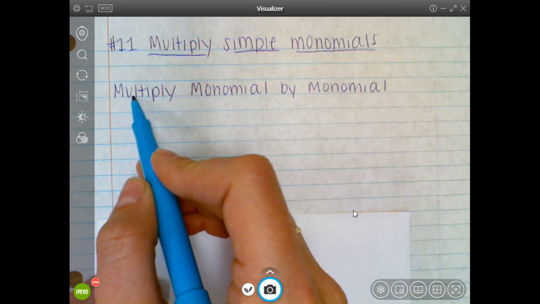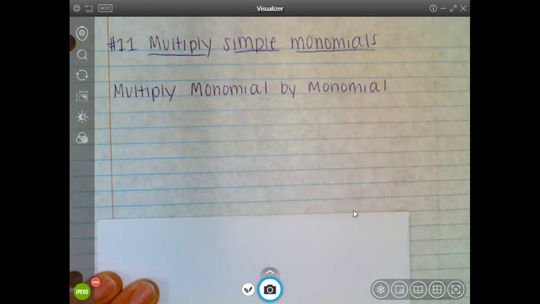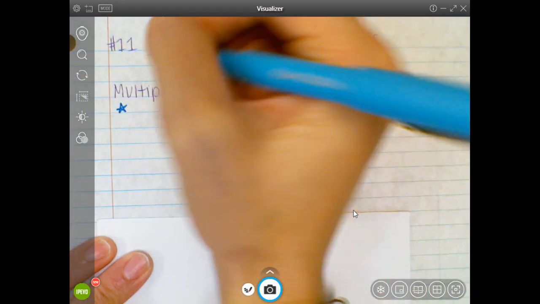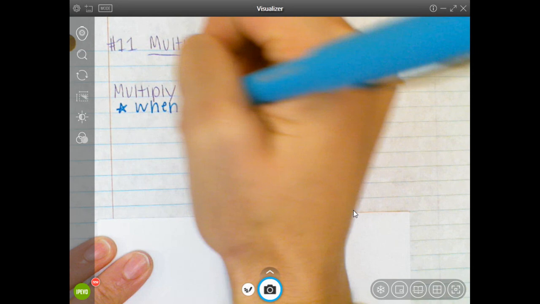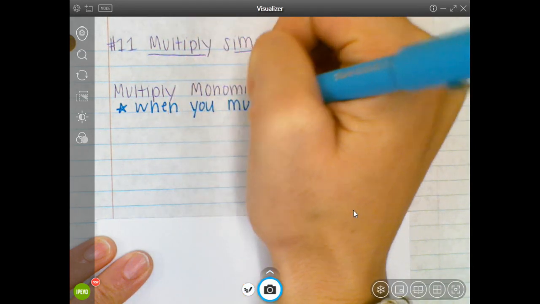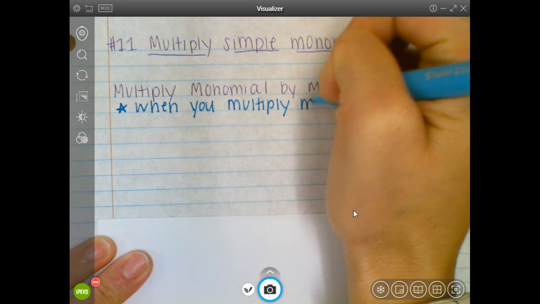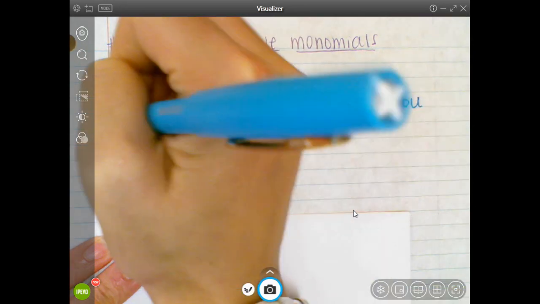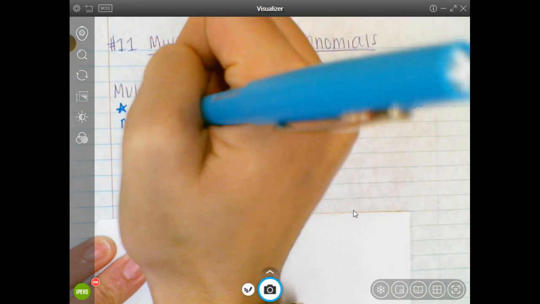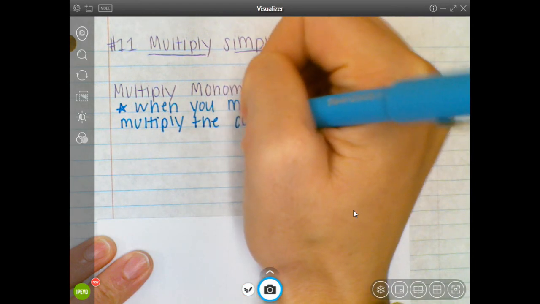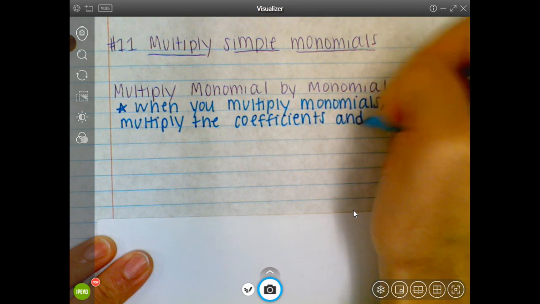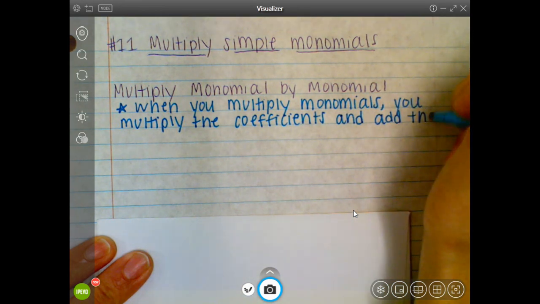So the first way is how to multiply a monomial times a monomial. And remember, that would be 1 term times 1 term. Something important to remember when you're multiplying monomials is this: you multiply the coefficients and add the exponents.